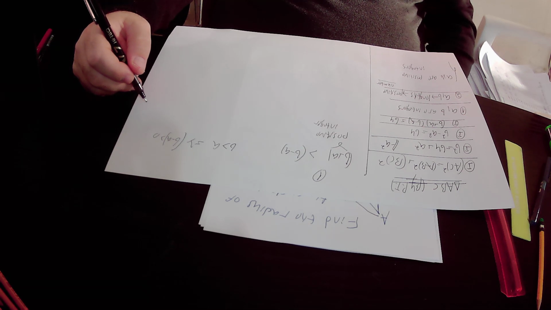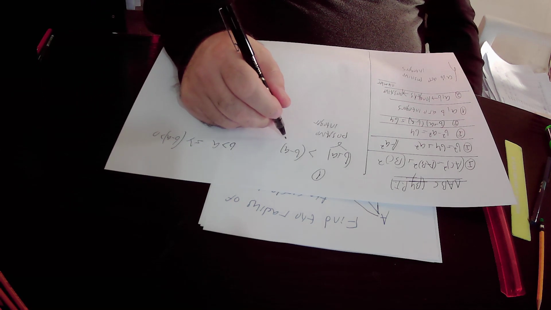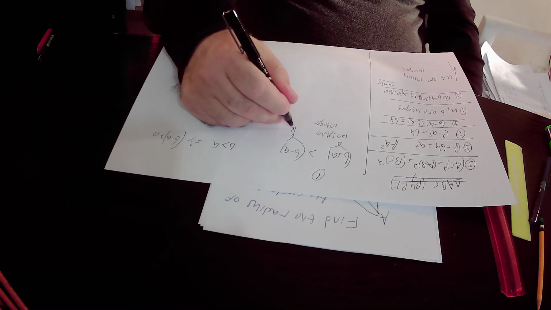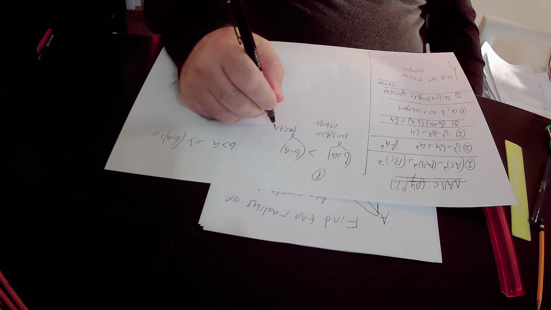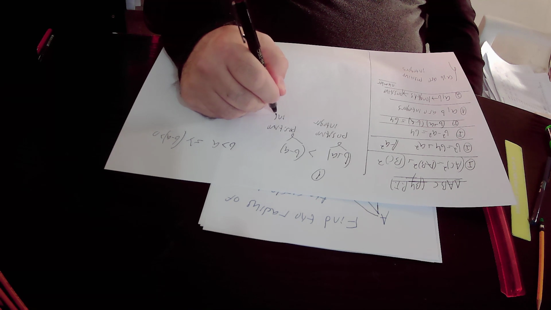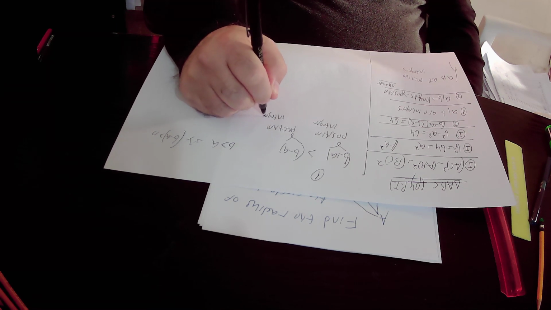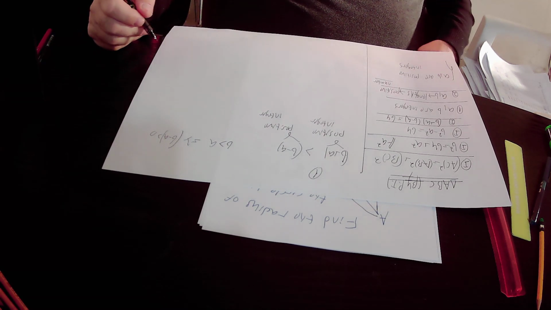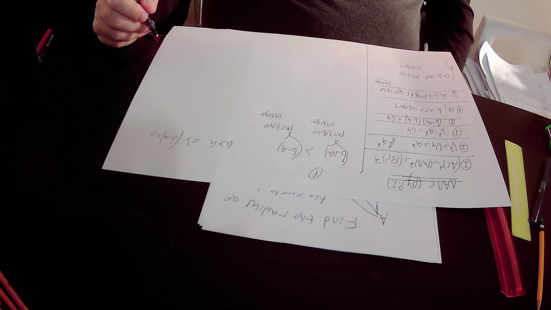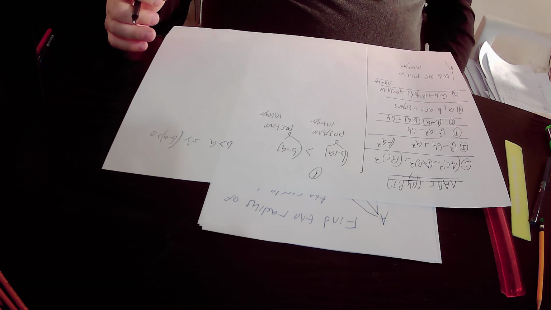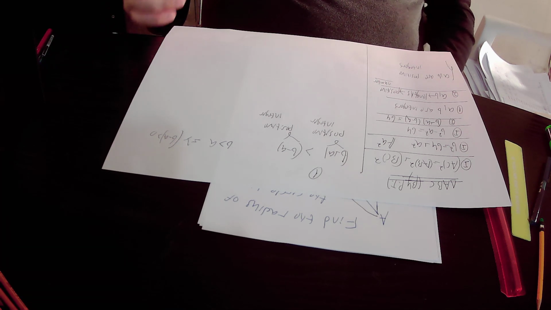If b minus a is a positive number, it must be a positive integer, because when you subtract two positive integers from each other and the result is positive, then it must be a positive integer.